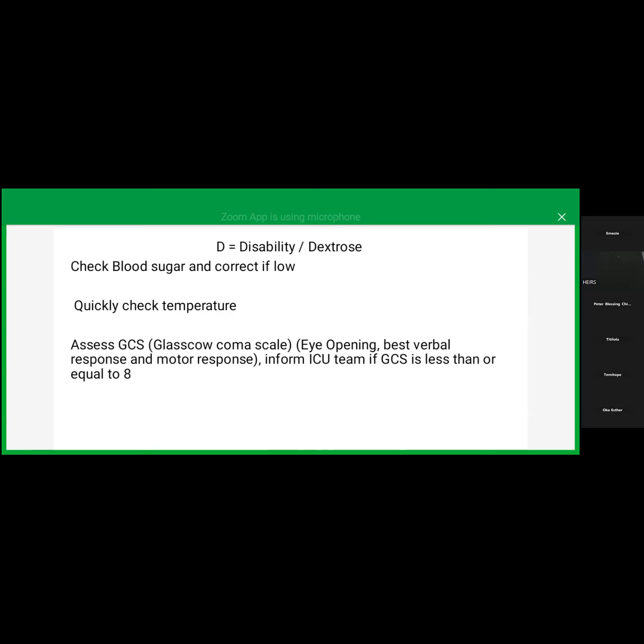So you check the airway is patent. You move to B, you check breathing is fine. You move to C, you check circulation is fine. So you now come to D, and D might be where we have the problem. An example of when we have a problem at D is hypoglycemia.